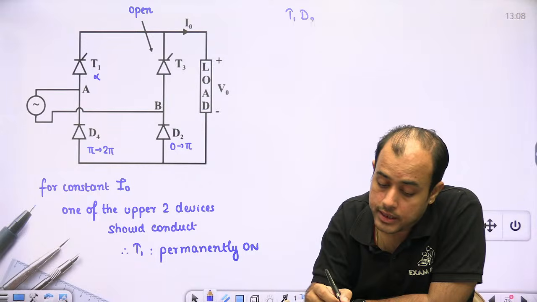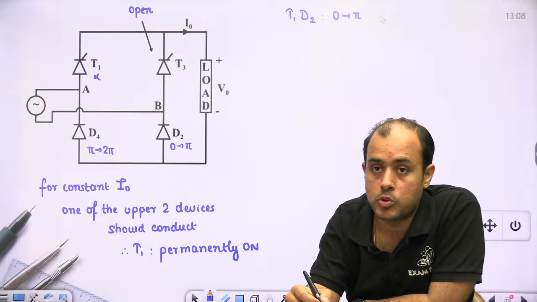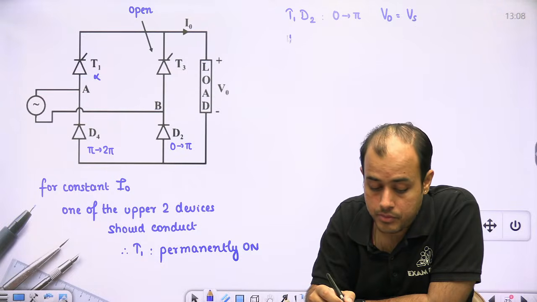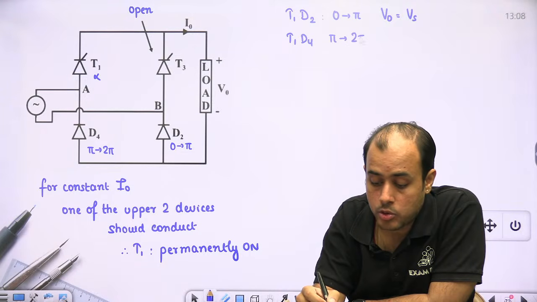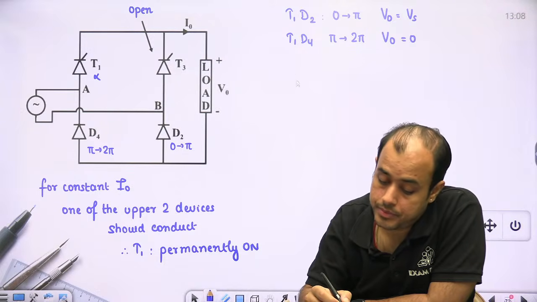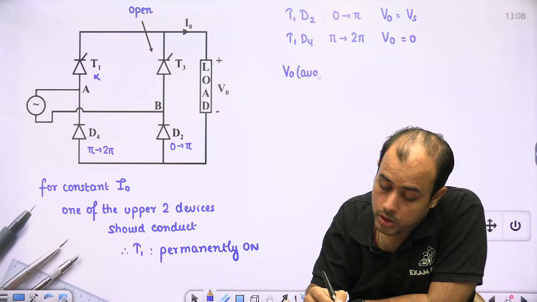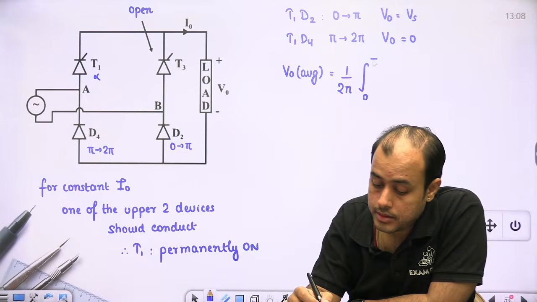Now D2 conducts from 0 to pi. So T1 D2 from 0 to pi, V0 will be Vs. T1 D4 from pi to 2 pi, V naught will be 0. So when you talk about average, from zero to pi you are getting a sine wave.